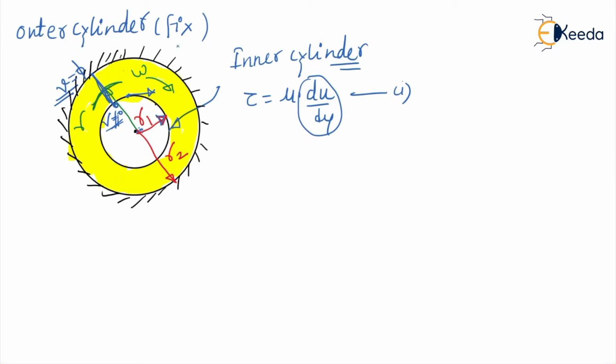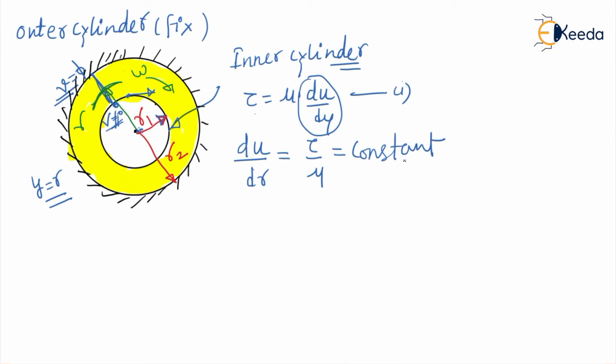So now y is taken as the radial distance. So we have du over dr in this case. Why? Because the y value we are representing from radius. Du over dr, that is the velocity gradient with respect to radius, is equal to tau by mu, and this must be constant.